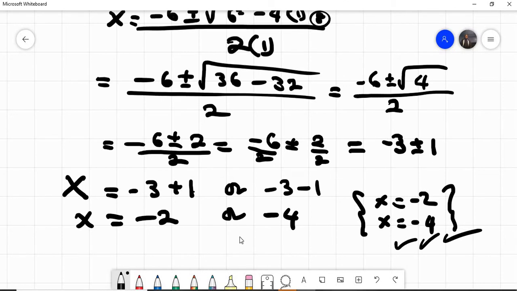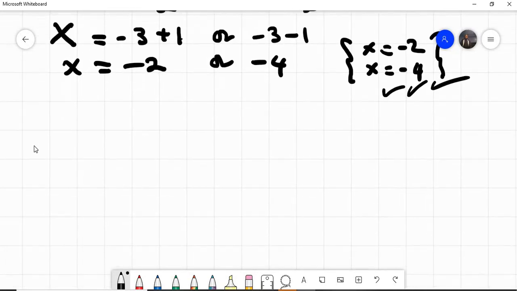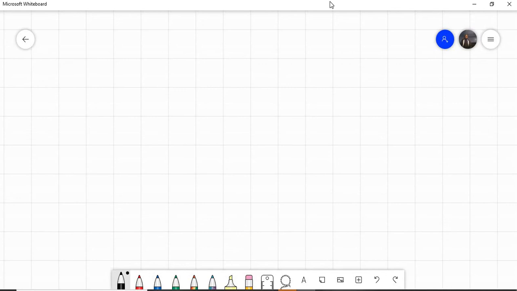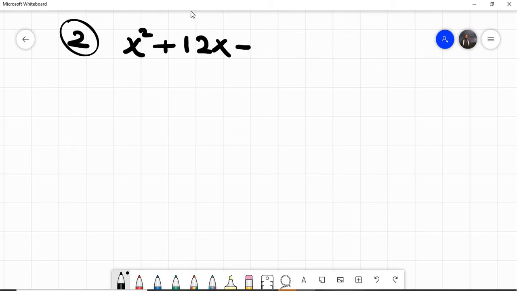So now we're going to do another example, our example 2. Example 2 says we are given x squared plus 12x plus 20 equals 0, and then we have to use the quadratic equation.